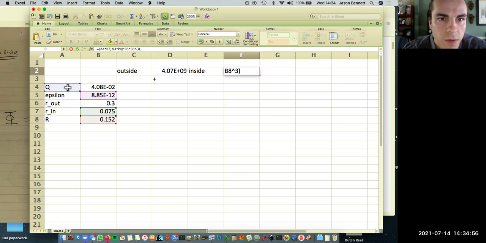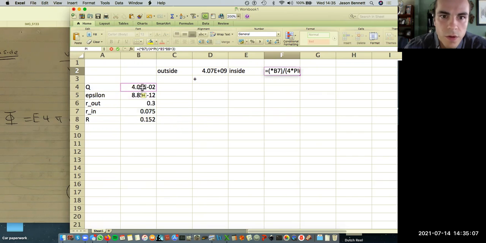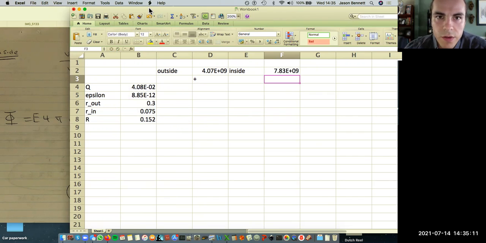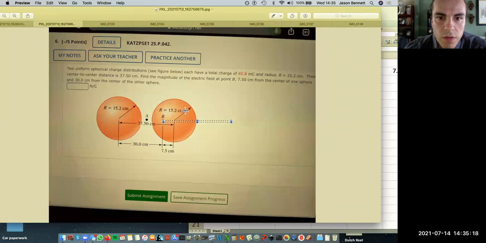Oh, this thing. What is that? That was for the big Q, which is in the top. A4 should be B4. There we go. Okay, and now this one is, if this is positive, and we're talking about it from the origin of that sphere, it should be to the left, I think.